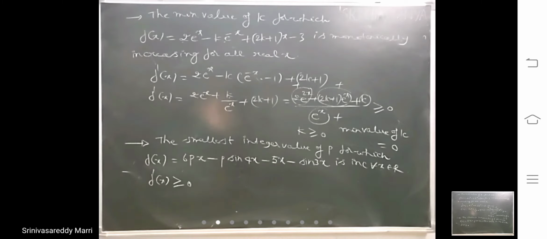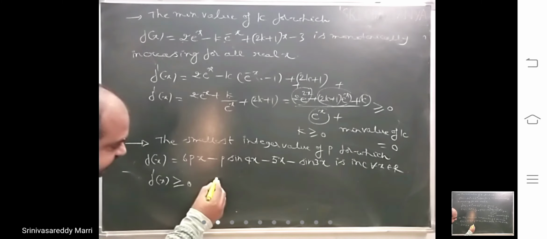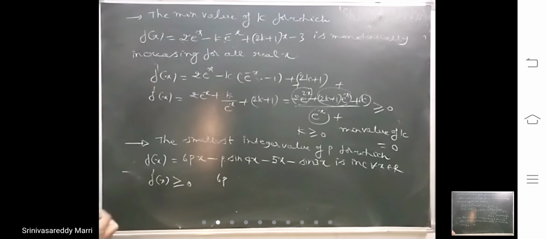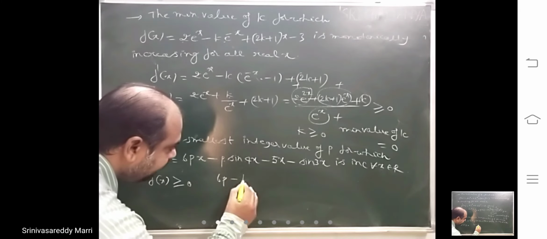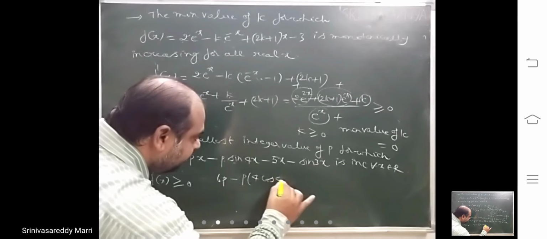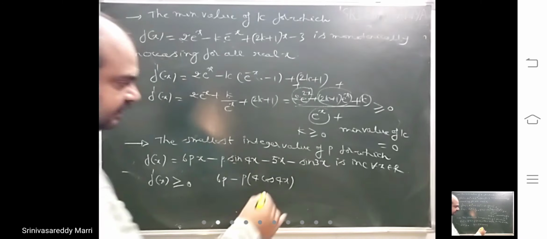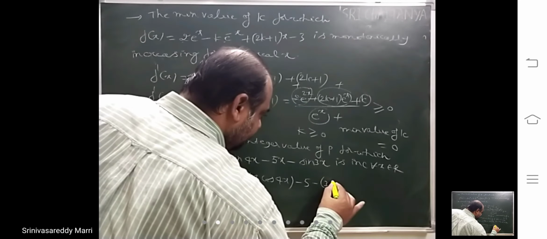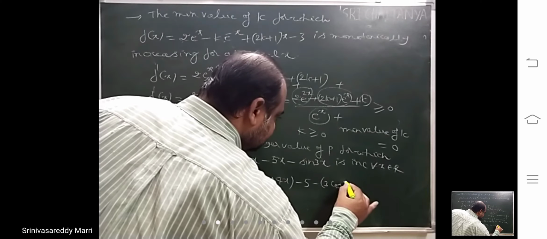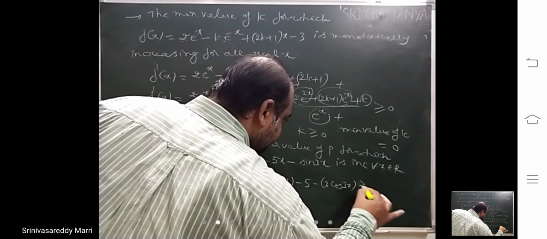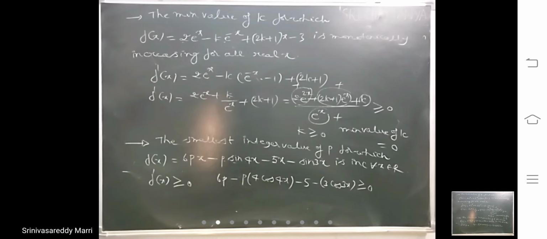The derivative is 6p, minus p into the derivative of sine 4x, which is 4 cos 4x, minus 5 into 1, minus 3 cos 3x, greater than or equal to 0.